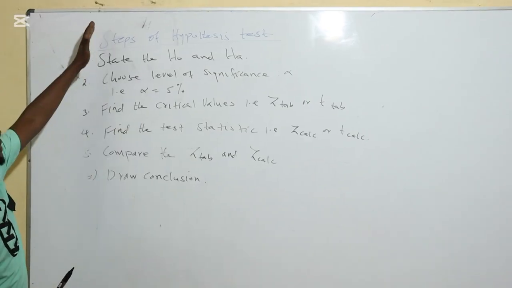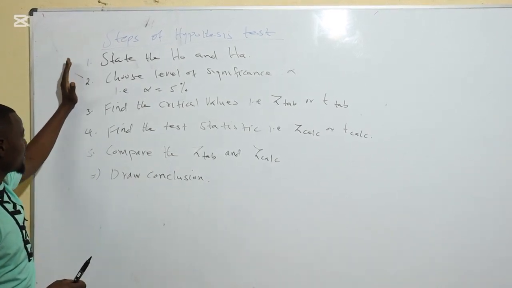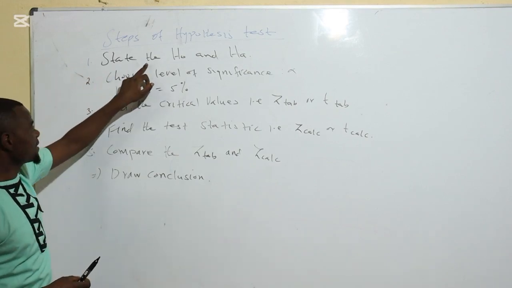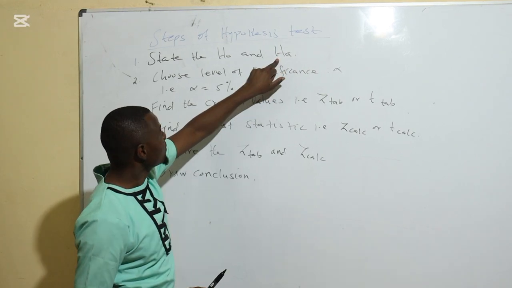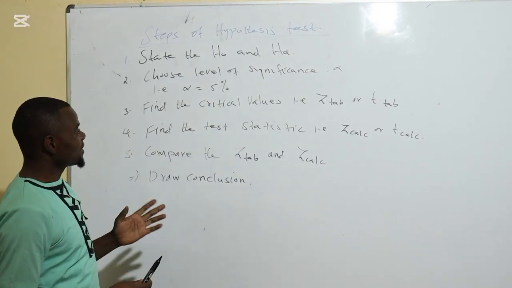Okay, let's look at the steps we are going to follow when doing the test. Step number 1, you must state the null and alternative hypothesis. You must state them correctly. And please look at the terms used.